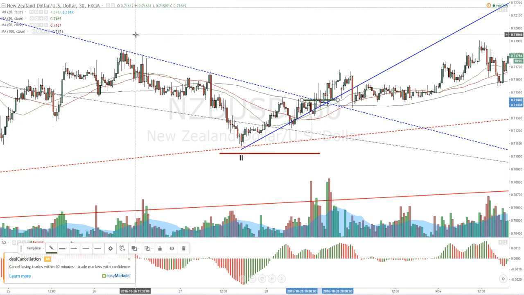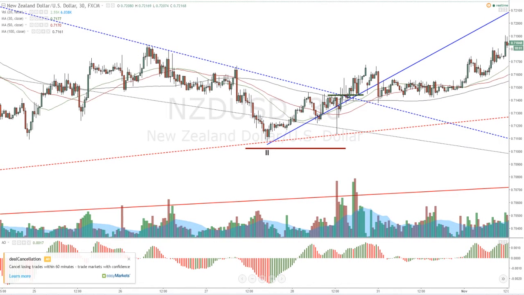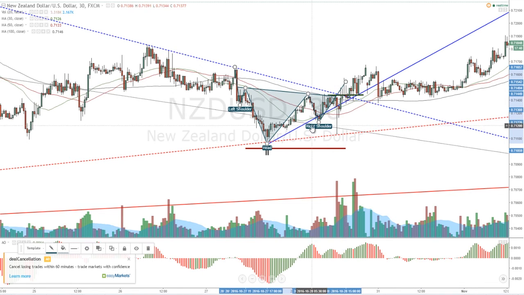Another thing that you can look for is patterns. On most charts you're going to find some kind of reversal pattern on the lower time frame. So we could even be looking at something like this, a head and shoulders pattern. This would be here.